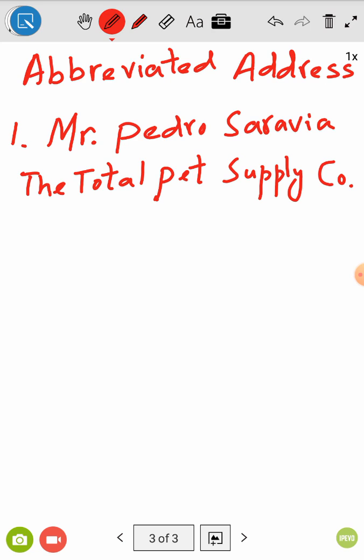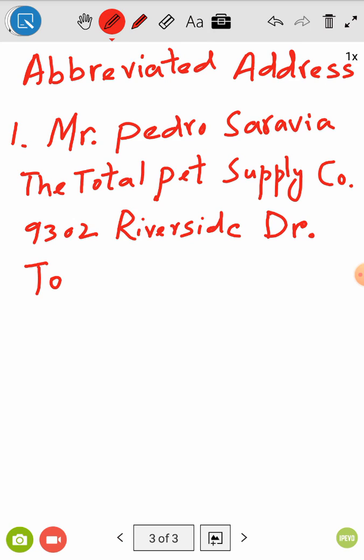The third line is 9302 Riverside, it will be as it is. Riverside Drive, it will be capital D, small r, followed by a period. Toledo, the fourth line, capital T, Toledo, Ohio.